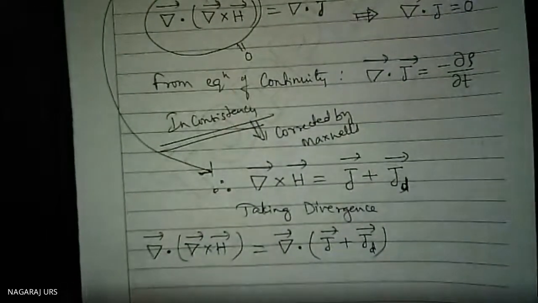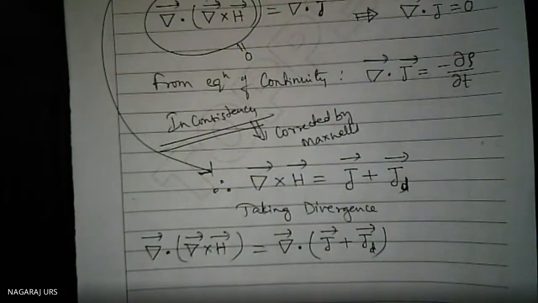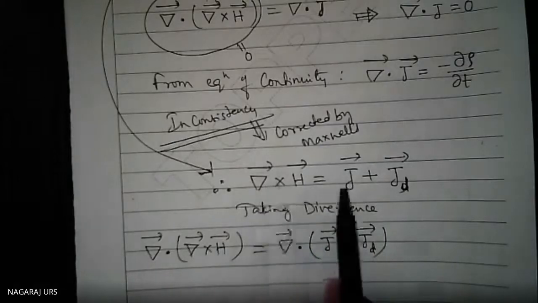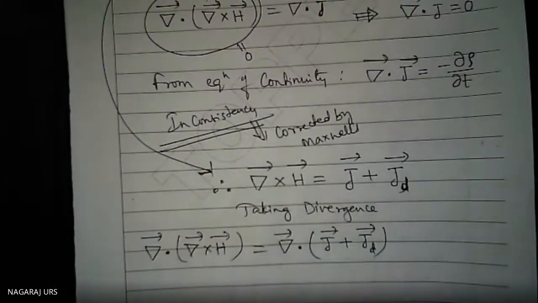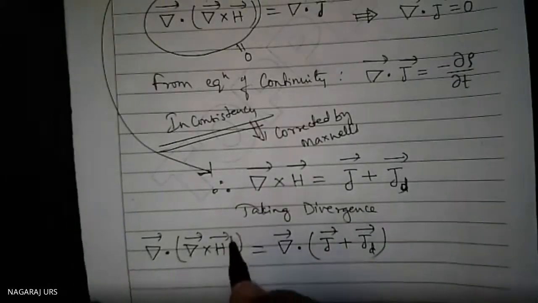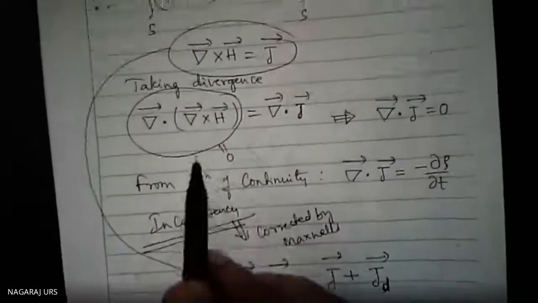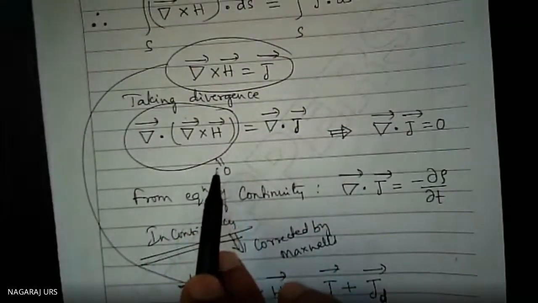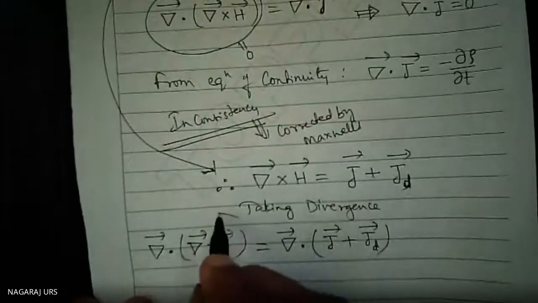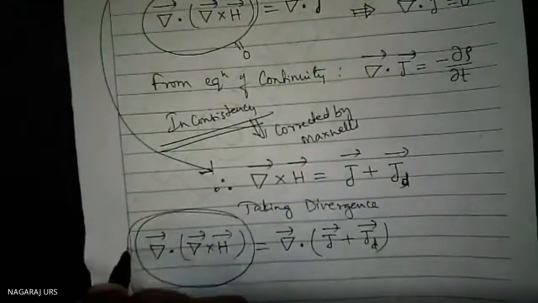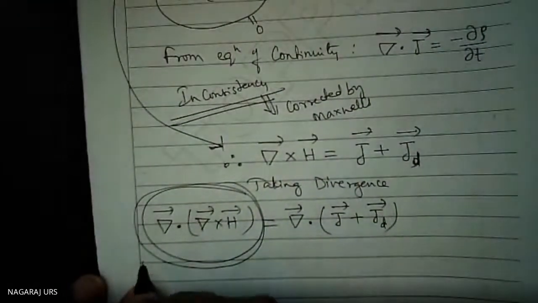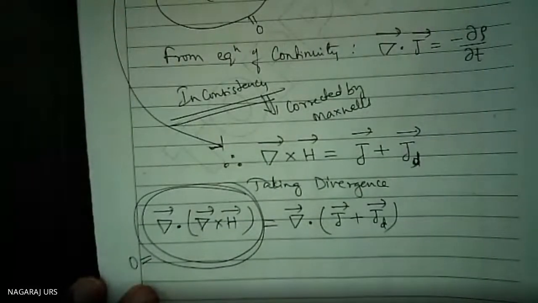But already we know that del dot del cross H is equal to 0. Therefore, this value turns out to be 0.